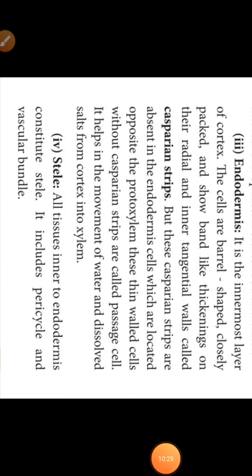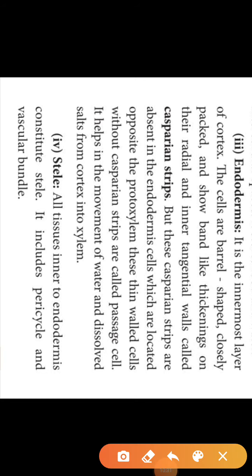Third one is endodermis. Endo means inner part, and dermis means layer. Therefore, it is the innermost layer of the cortex.